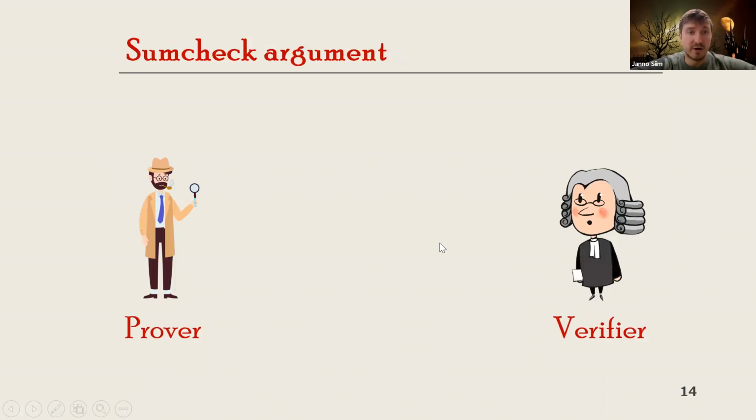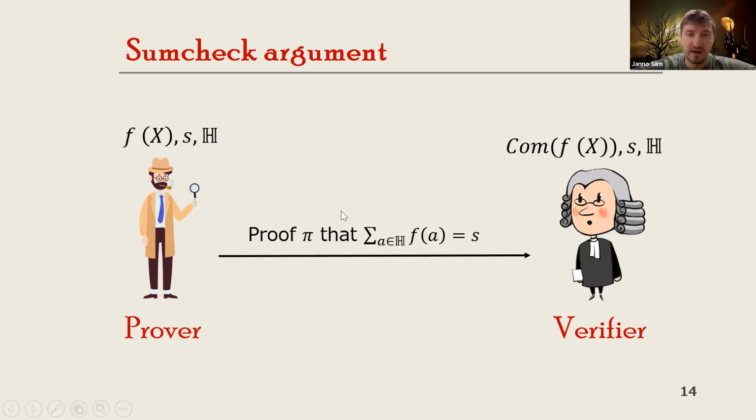Now, what is the sum check argument? We already briefly saw it. So again, we have a prover and verifier. The prover knows a polynomial f(x), some value s, and the set H. The verifier knows the commitment to f(x), the integer s and H. And now the prover claims that if you evaluate f on elements of H and add them together, then that's equal to s.